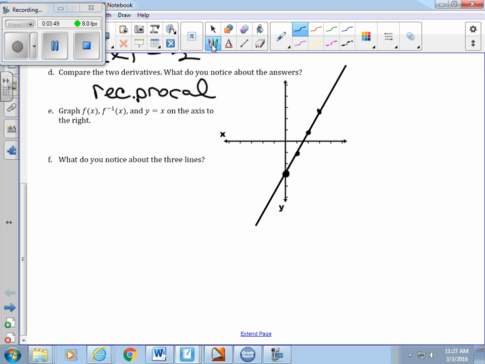All right, and then the other function, 3 over 2 was the y-intercept, is that right? And the slope was down. I was going to go down and left. I don't know why. I could go the other way. And f inverse.